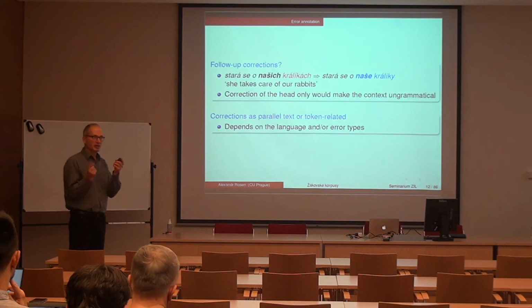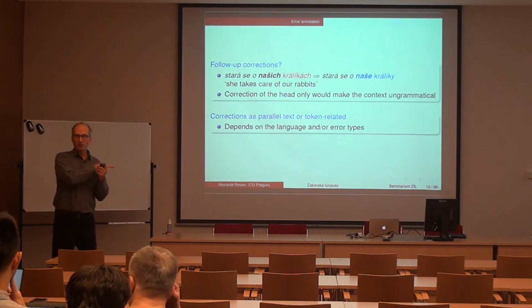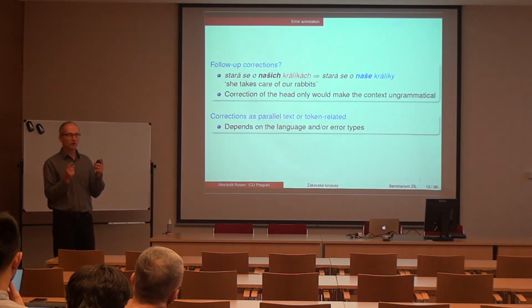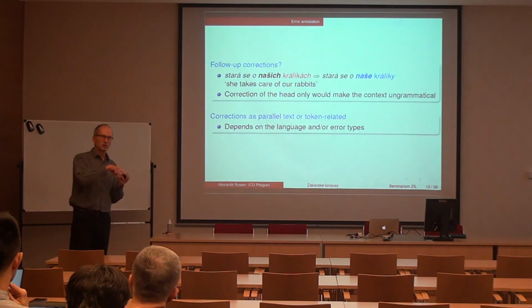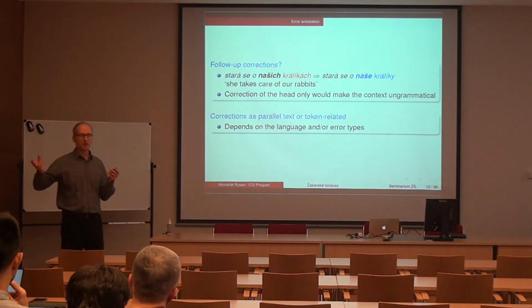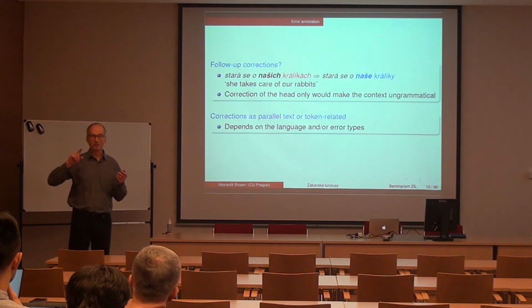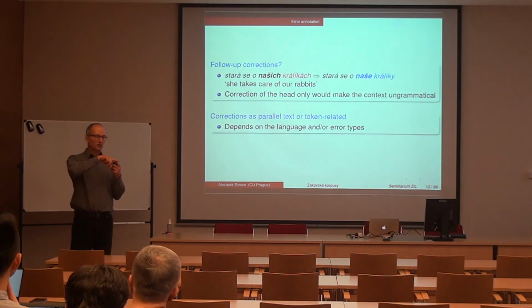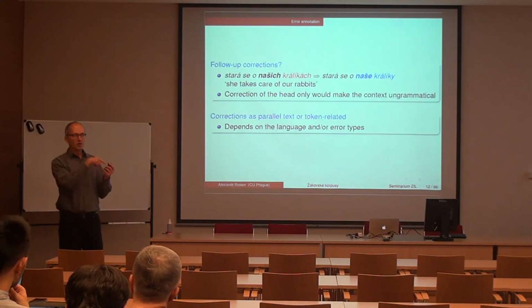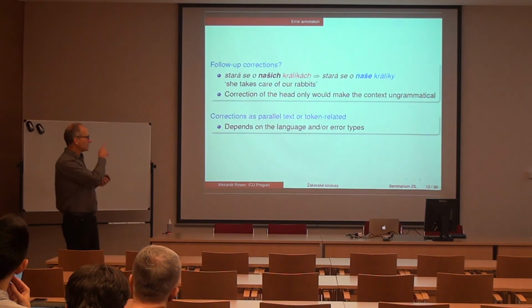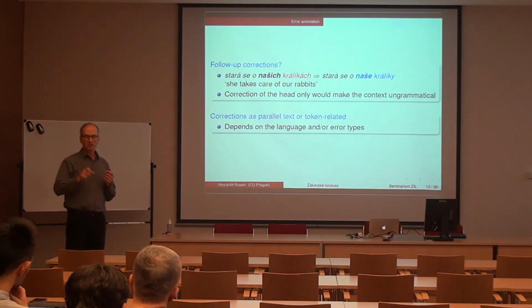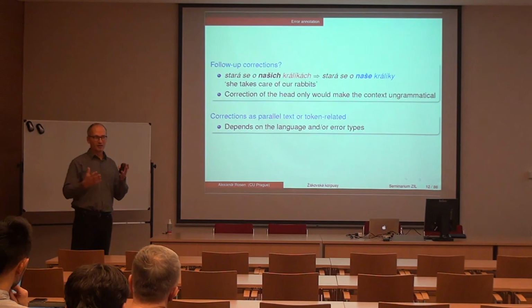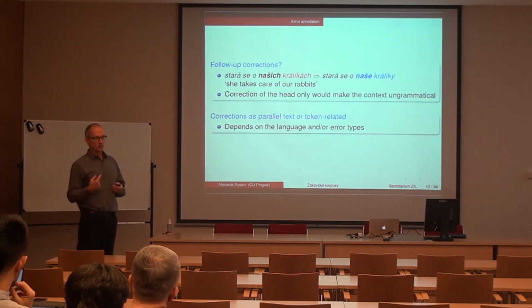But sometimes I do word order corrections, which happens in Czech quite often, because we have these second position clitics, and foreigners, Polish speakers of course, often put those clitics close to the verb, but they should be at the second position in the clause. So it's quite a long distance correction, and it's not easy to do when you have a token-based system where you can only correct token for token.